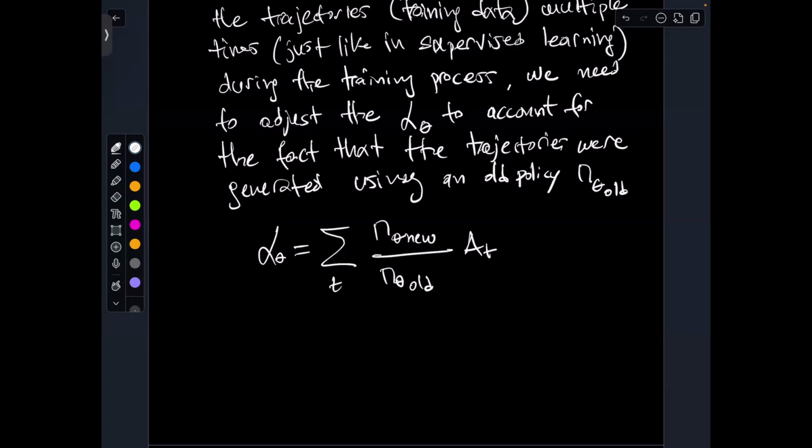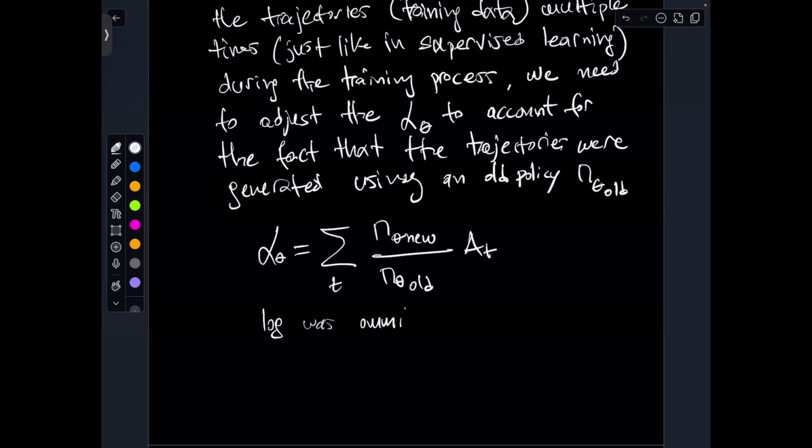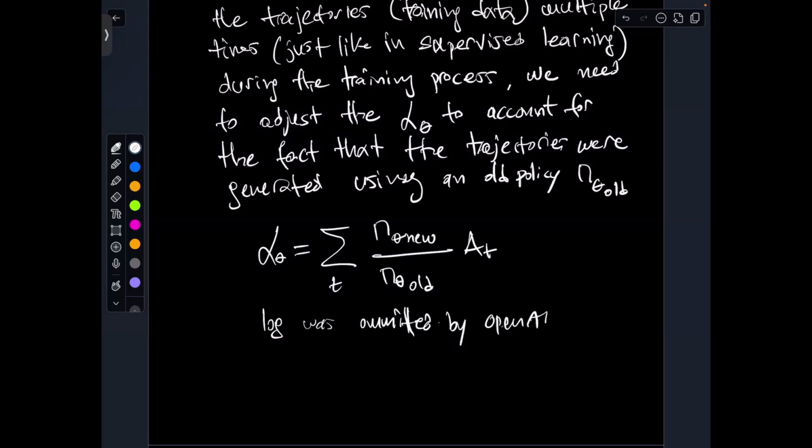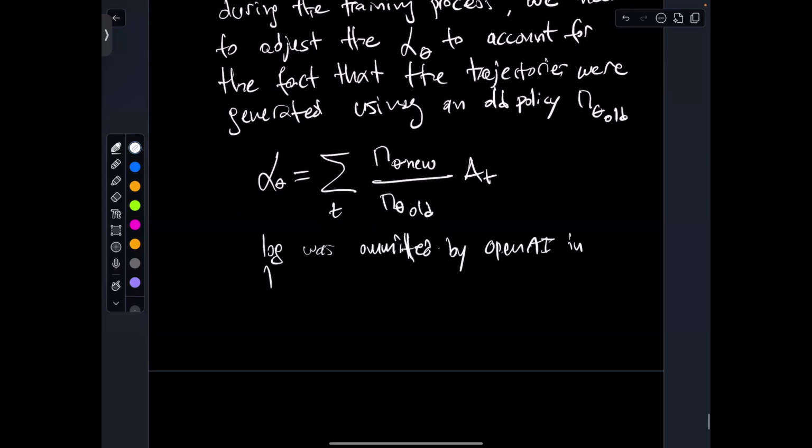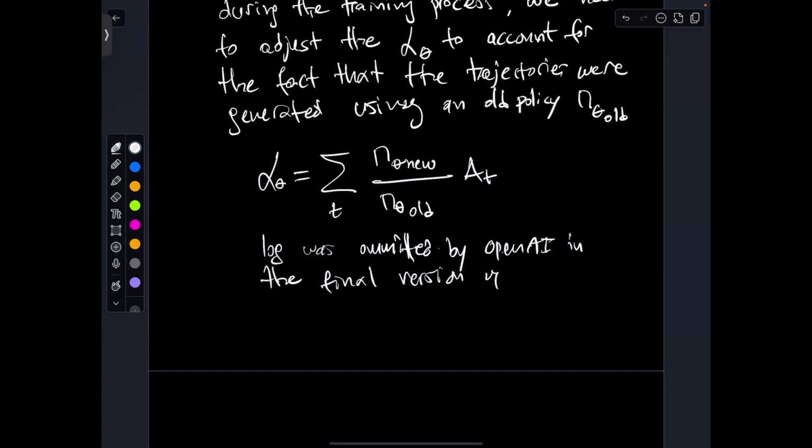And A of t. Now, there was a log, right? There was a log. The log was omitted by OpenAI in the final version of PPO. I do not know why, but it was omitted. Okay.